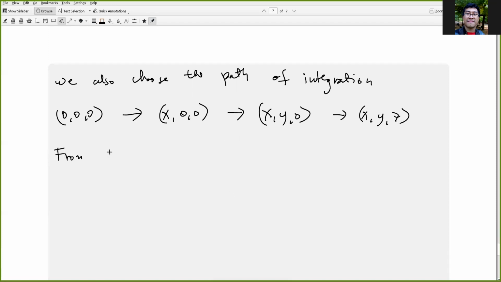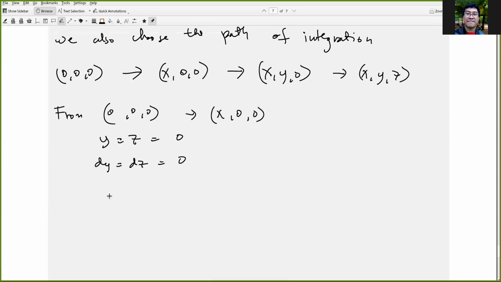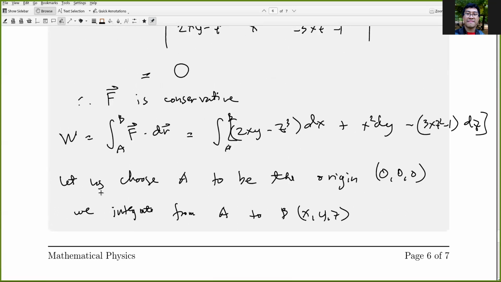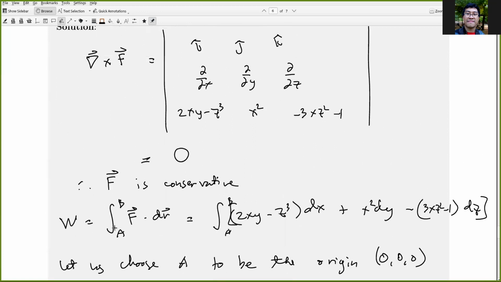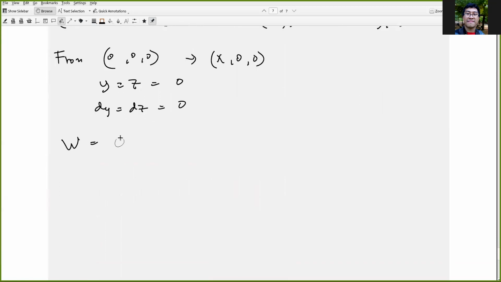So from 0, 0, 0 going to x, 0, 0, you have y and z both 0, so dy and dz are 0. So for our w, dy and dz are 0, y and z are 0. Everything has y or z, so w is 0.